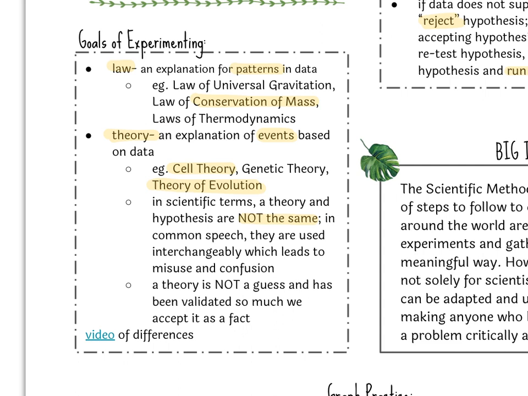So if you're talking to your friends and you're like, oh, I have a theory about that, that's fine for you to say in a casual conversation with your friends. But if someone says, oh, well, that's just a scientific theory, they don't really know. That's not true at all, because scientific theories, like I said, still have to be validated hundreds of times before they can become a theory.